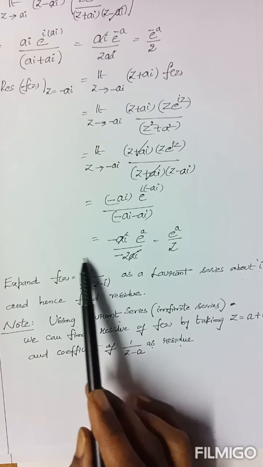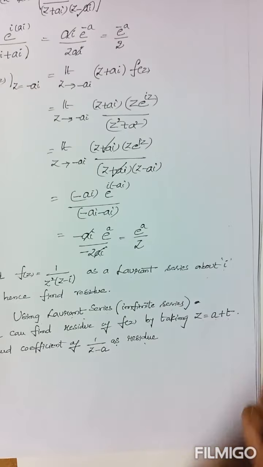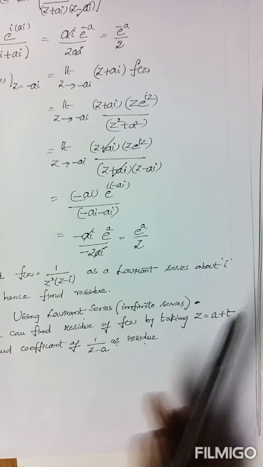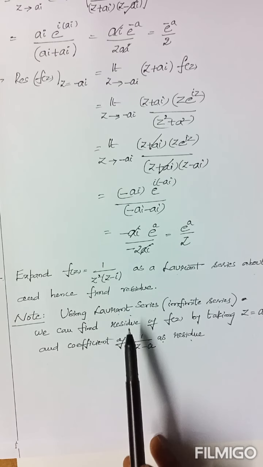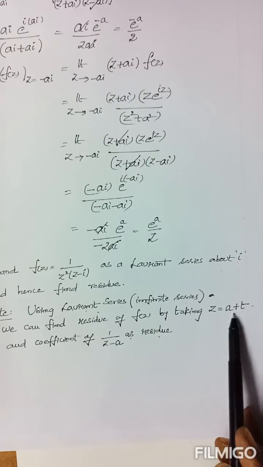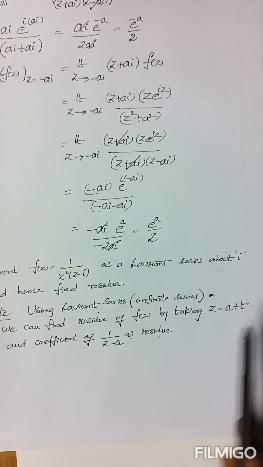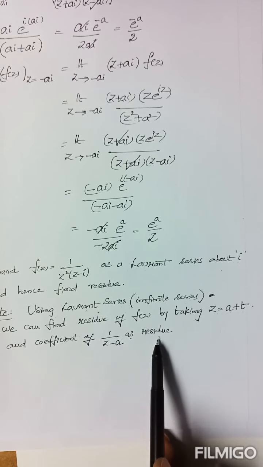We need the residue of this with the help of a Laurent series about the point z equal to i. As per the Laurent series procedure, first we take z equal to a plus t, where a is the given point, and then we consider the coefficient of 1 by z minus a as the residue.